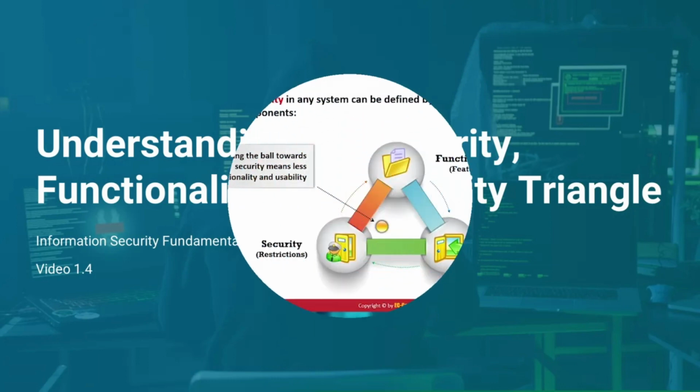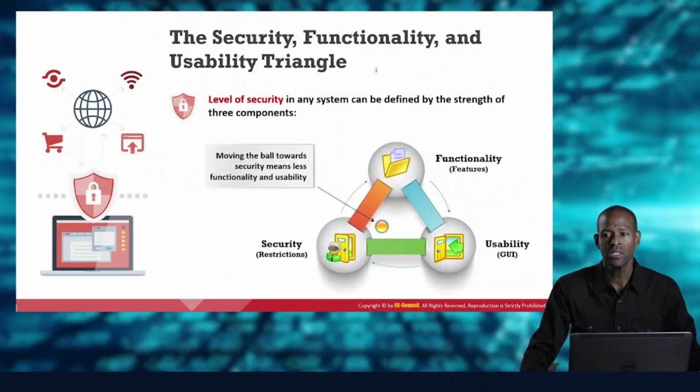All right, so in terms of functionality, I have security, I have all these restrictions, I have login, I have encryption, etc. But I also have features. So I have application developers that allow me to do all kinds of stuff with the software. But in order to use those features, it's very nice to have usability, or a nice graphical user interface and buttons and 3D animations when I click on a menu.